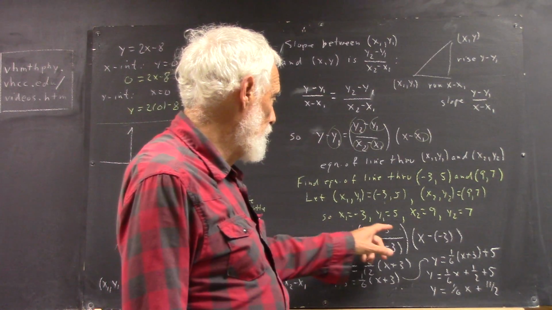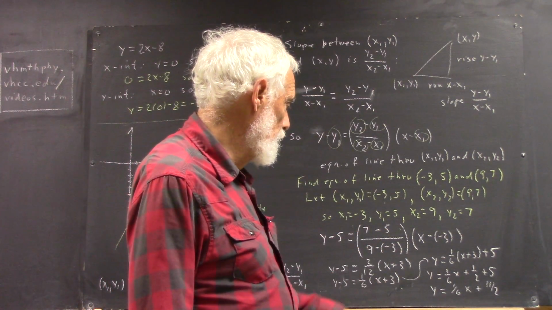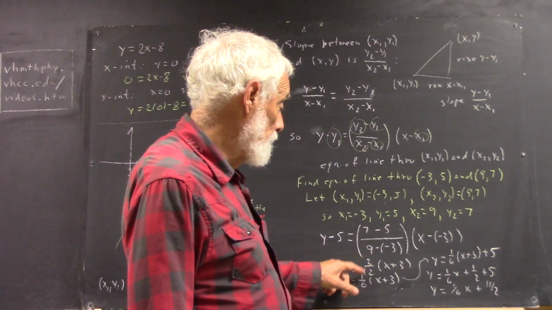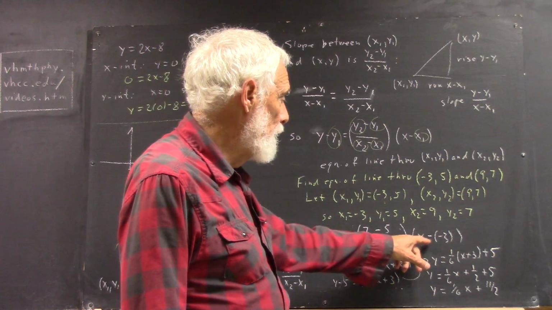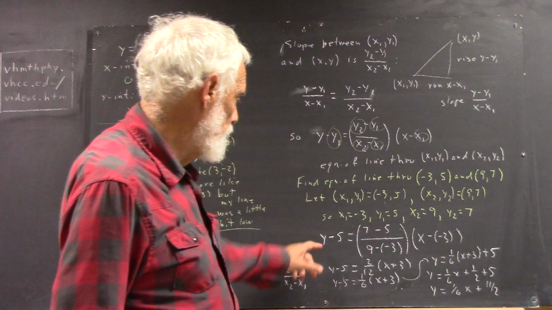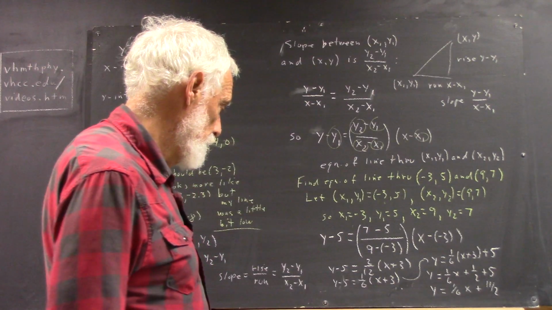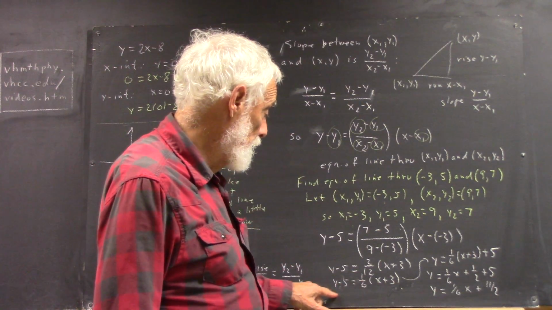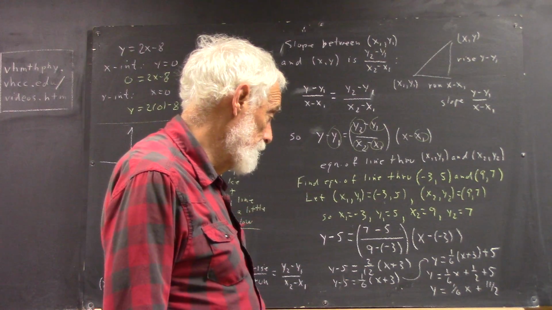So 7 minus 5 is 2, 9 minus negative 3 is 9 plus 3, which is 12. So this fraction just becomes 2 over 12. x minus negative 3 becomes x plus 3. And y minus 5 is still over here. Well, 2/12 is 1/6. So we'll leave this as y minus 5 equals 1/6 times x plus 3.